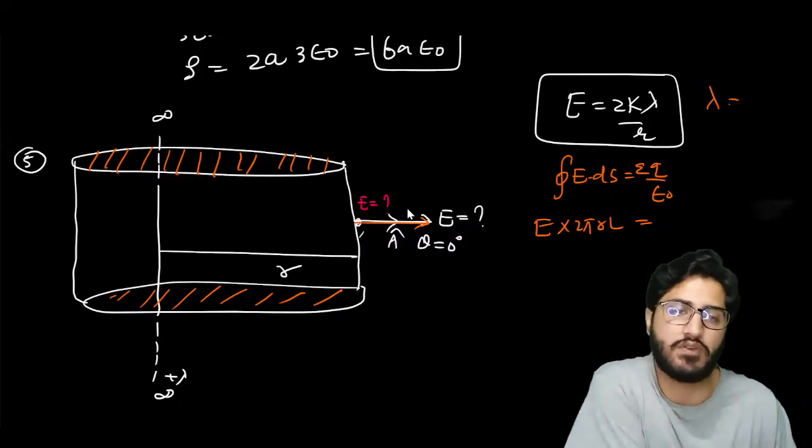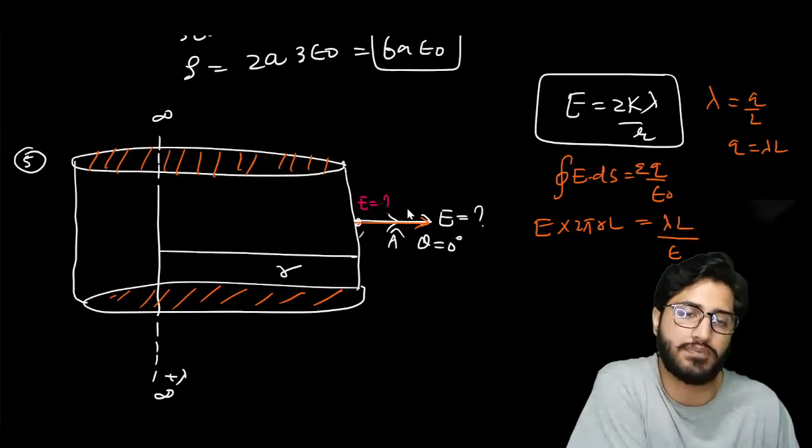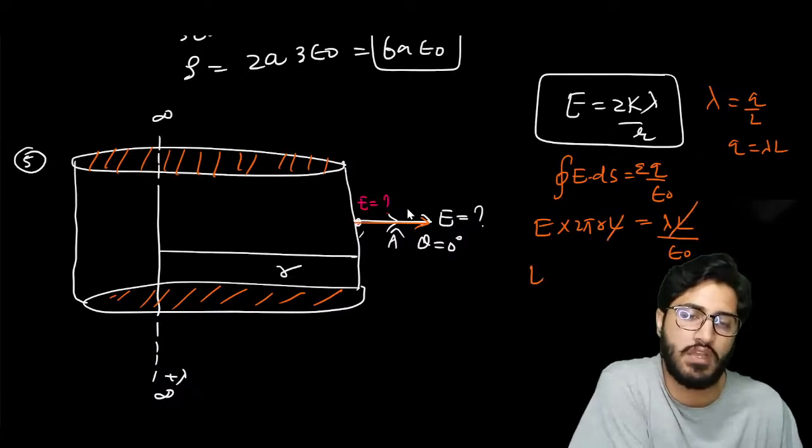Lambda is equal to charge by length, so charge is lambda into L, divided by epsilon naught. L cancels out. E is equal to lambda divided by 2 pi epsilon naught into r.